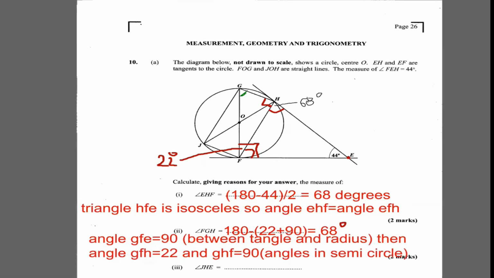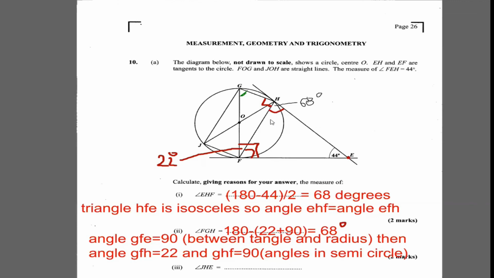Nice and easy. Next one they want now is angle JHE. Let's find JHE. What are they talking about? Angle JHE.